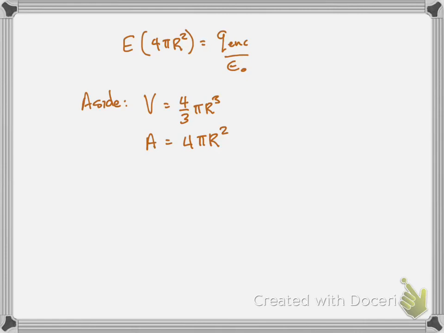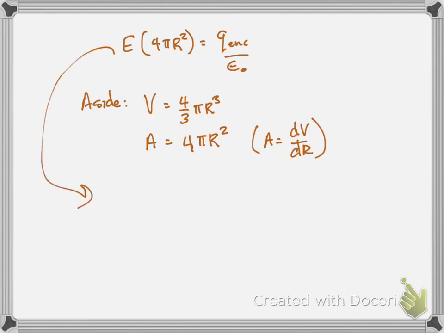If you have trouble remembering one of these, but you remember the other, do note that the surface area of the sphere is equal to the derivative of the volume with respect to r. That's a way that I do remember it, but that's not important here, really. You do need to know the volume and area of various basic shapes. Okay, so that's just an aside.